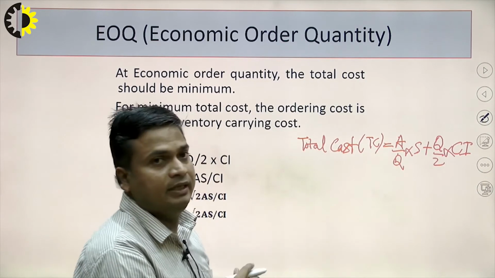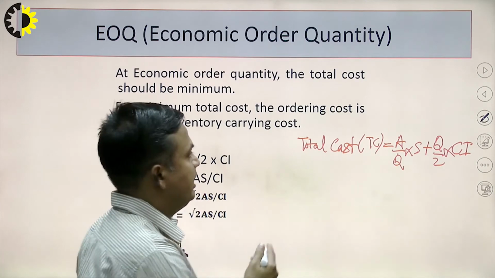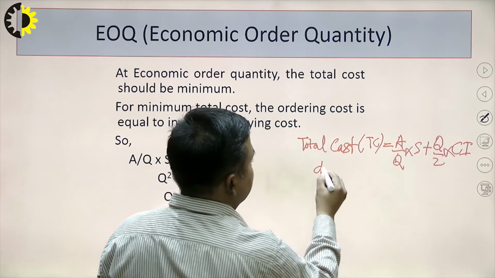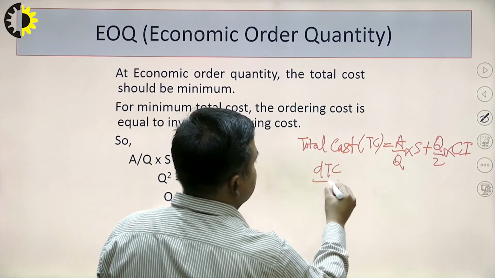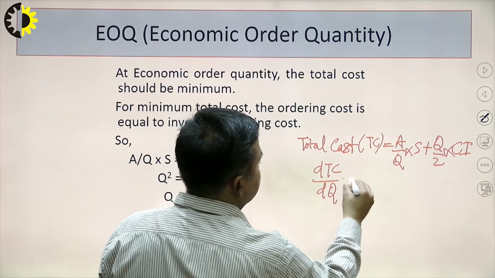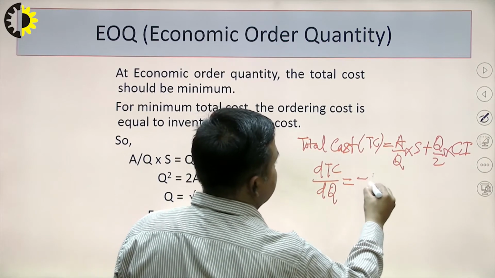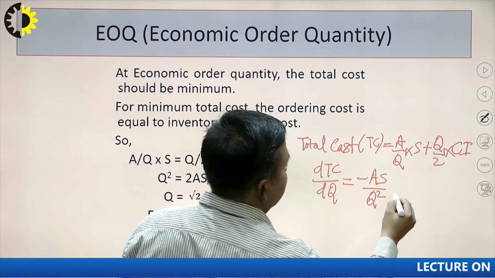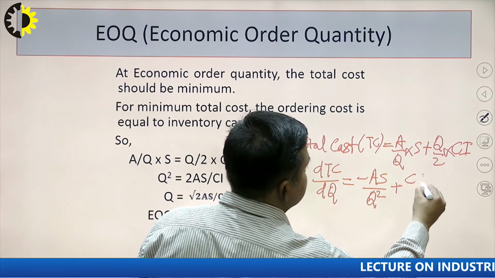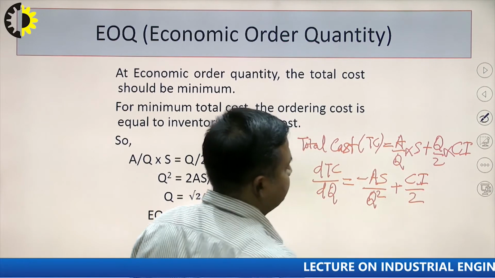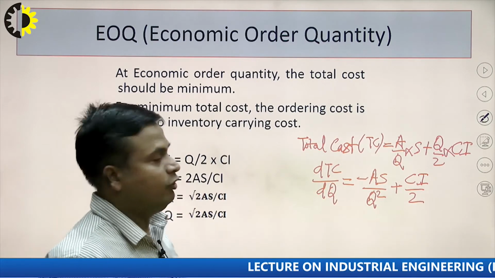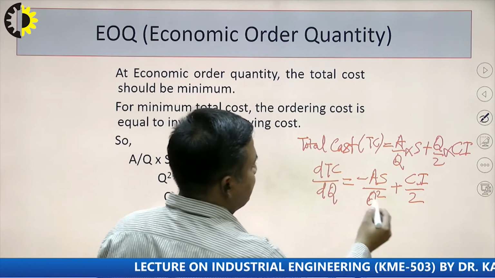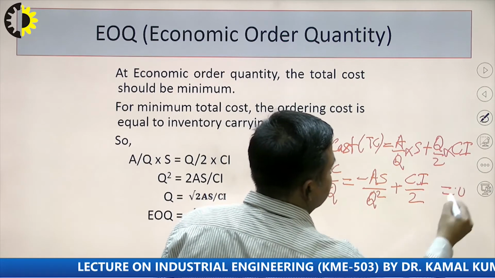Now, to find the minimum, we have to differentiate this equation by Q. Q is the variable quantity. dTC over dQ is minus A S over Q square plus CI over 2. Now, for minima and maxima, we have to put dTC over dQ equal to 0.